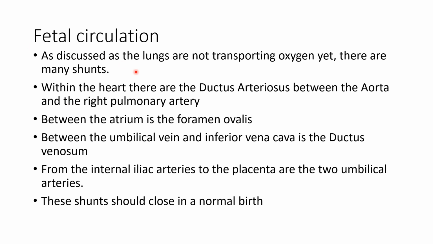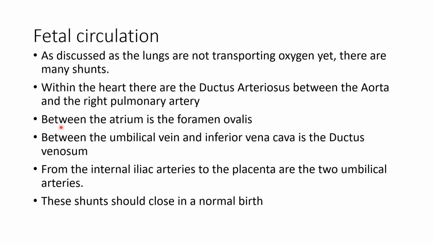Now, I talked a lot about fetal circulation, and that you do have some shunts for blood because you don't need it going to the lungs as you're in amniotic fluid and you're breathing that in. Within the heart, we talked about the ductus arteriosus between the aorta and the pulmonary artery.